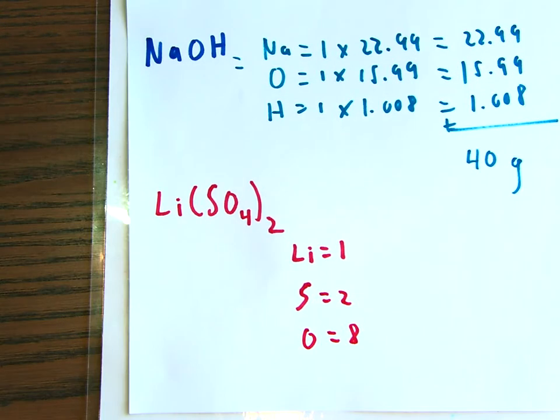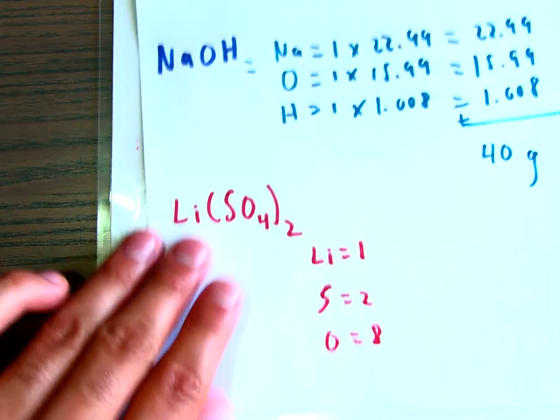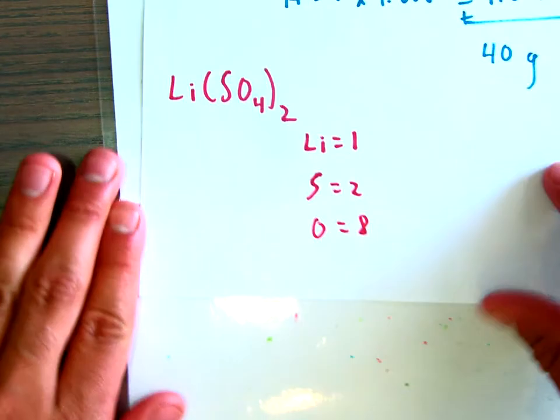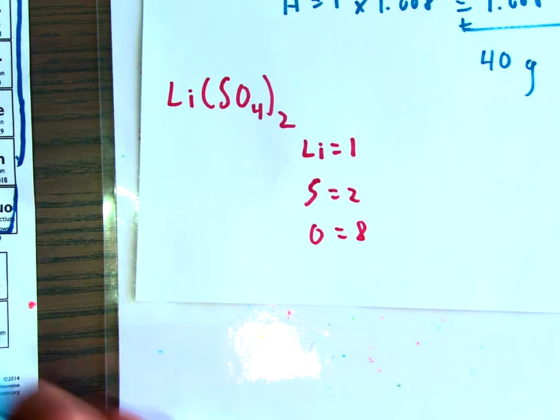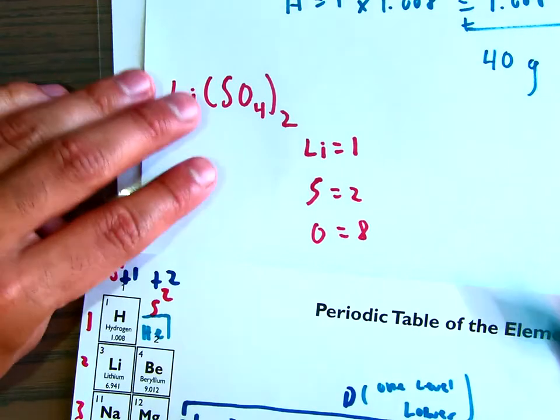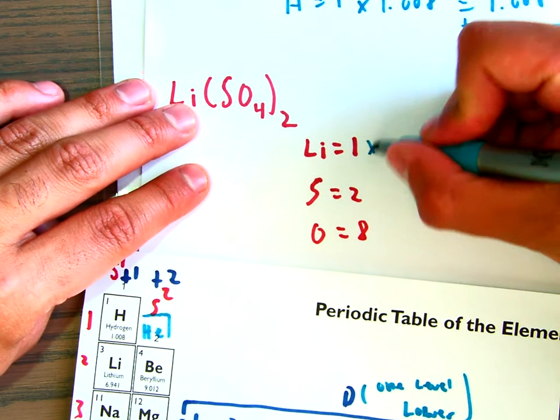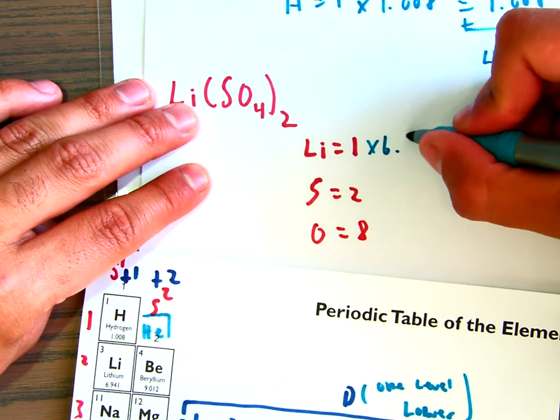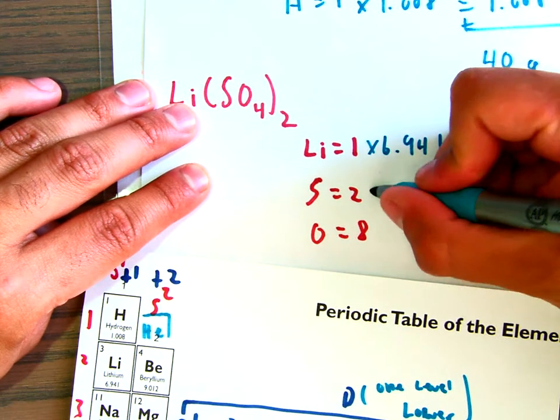Okay, I go ahead and I find the molar masses. So the molar mass for lithium, look at my periodic table, will be 6.941. So times 6.941.